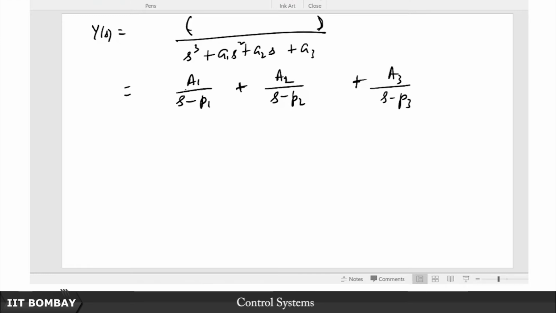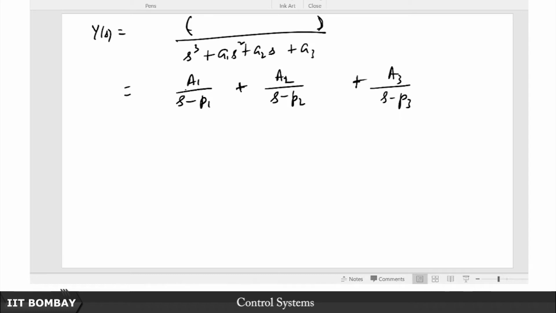However, remember, this 0 input response is not the only response of the system to any arbitrary input. There is also this 0 state response, which is basically the response of the system to the particular input that you apply.